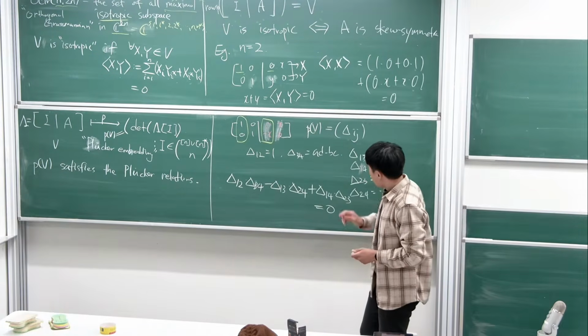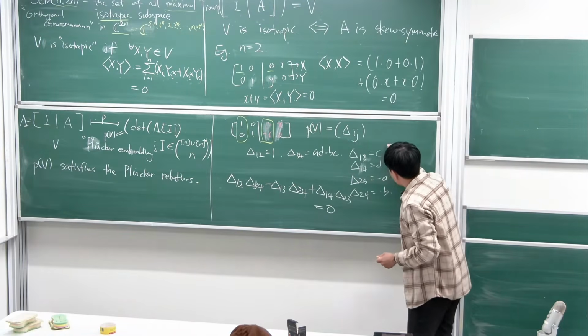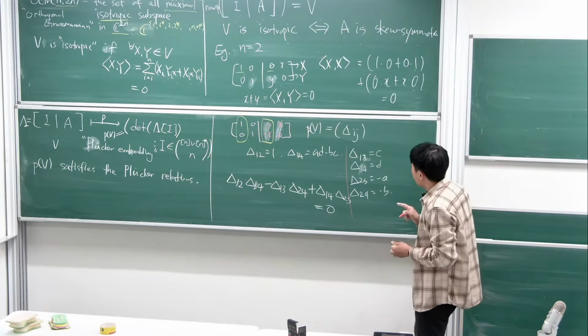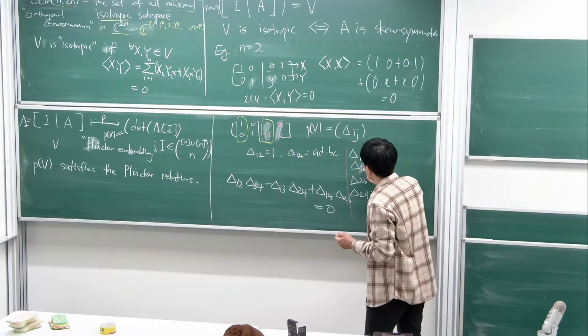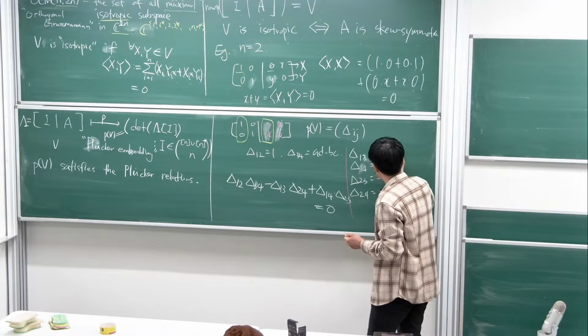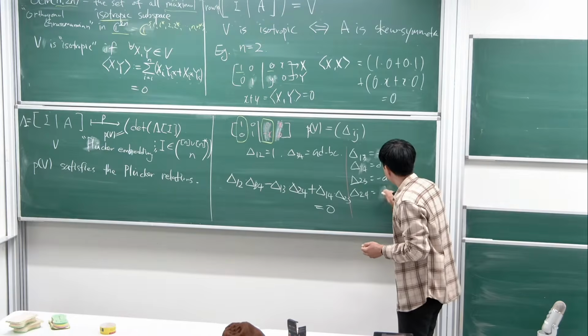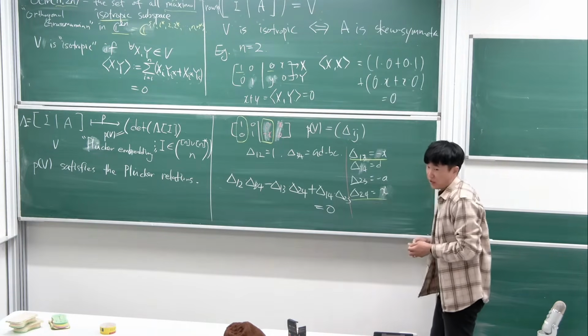Because of that, we can find some kind of linear relation among those things. Here, delta 1,3 is minus x, and delta 2,4 is x, right? So this is just the negative of each other.